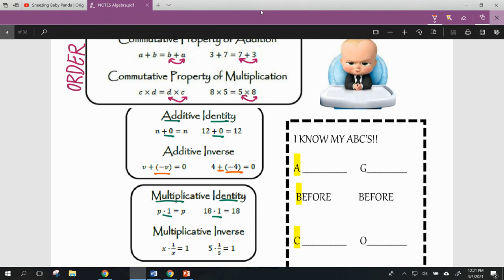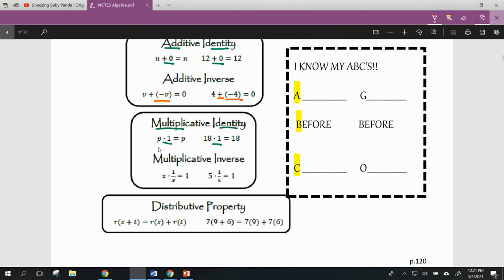Our multiplicative inverse is a little bit more complicated. It's telling us that we can take a number and multiply, of course, because it's multiplicative, by its inverse, and we are going to get 1. So if I take 5 times its inverse, we have to think about what we did when we multiplied fractions.